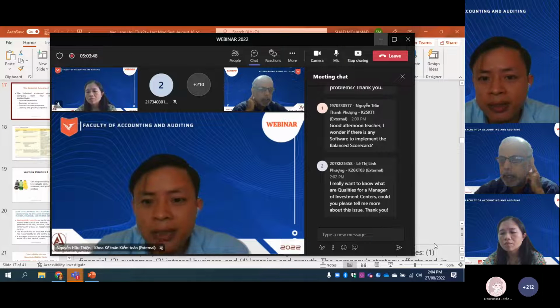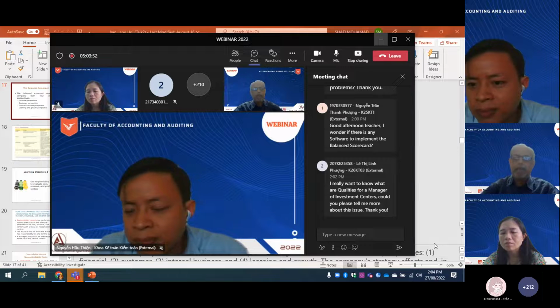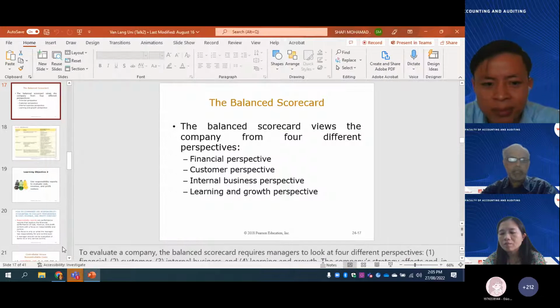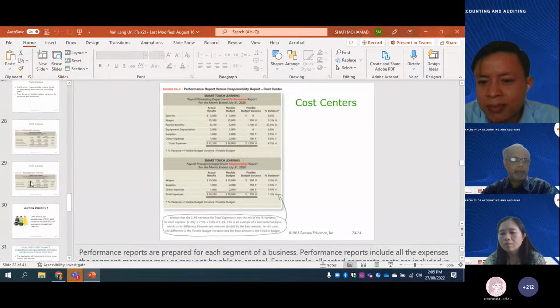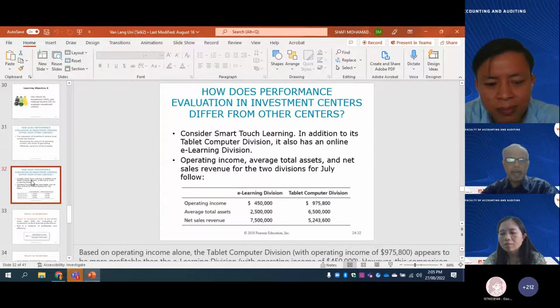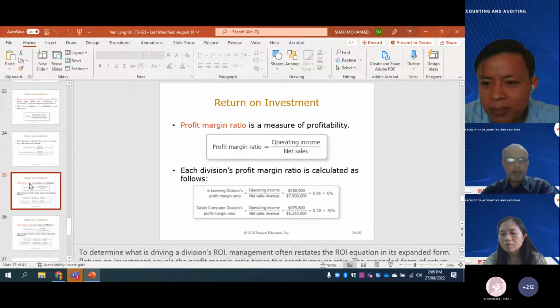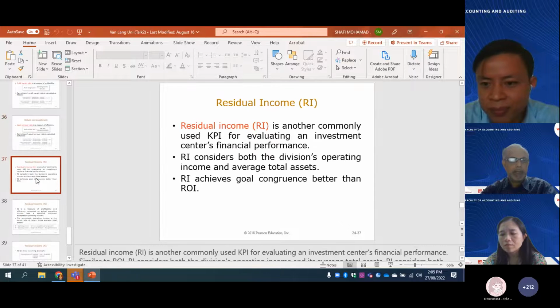I really want to know what are the qualities for a manager. Now, investment center managers, let us see, how they are evaluated. They are evaluated based on ROI, profit margin, asset turnover, and residual income.